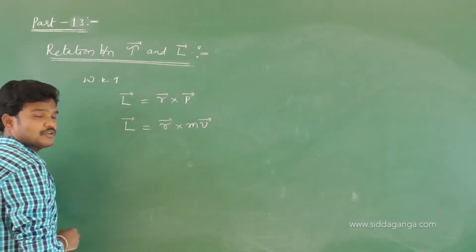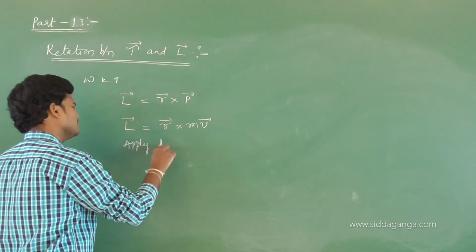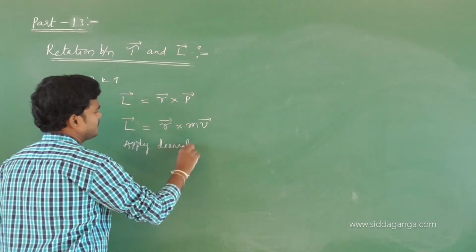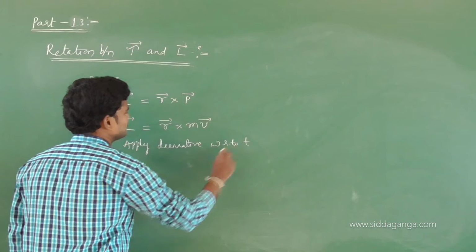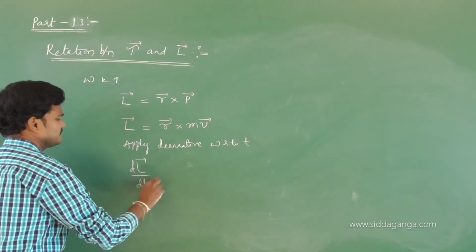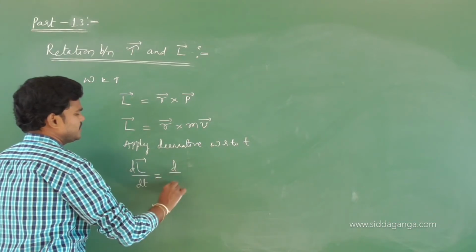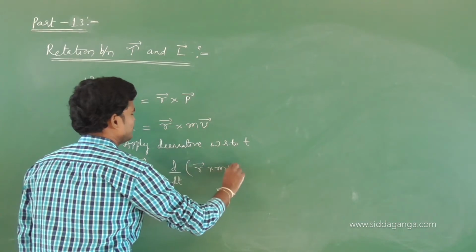Now let us apply the derivative with respect to time. Then this can be written as dL bar by dt, d by dt of R bar cross M V bar.